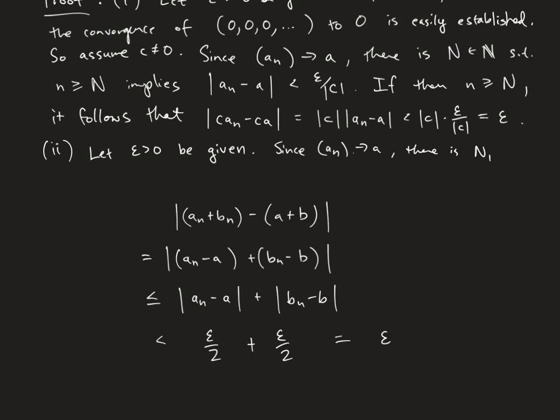So we're going to have a point in this sequence in which the difference becomes less than epsilon over 2, a different point in this sequence at which it becomes less than epsilon over 2, and then we'll just go the further out of the two of them. Okay, so there is an N1 such that n bigger than or equal to N1 implies that AN minus A is less than epsilon over 2.